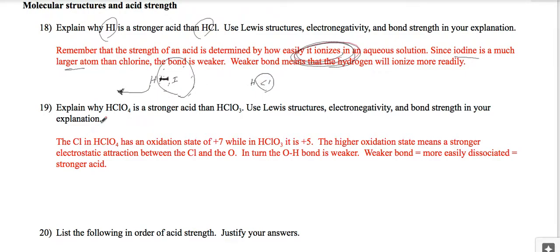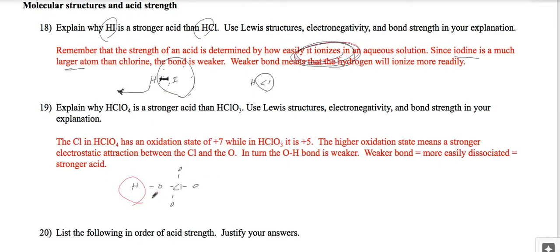All right, so now we can go on to the next part, which is on oxidation state. So if we look at these two different things, first of all, the Lewis structure is really important in this. So we have the chlorine, oxygen, oxygen, oxygen, oxygen, hydrogen. This hydrogen right here is the hydrogen that's going to ionize. That is where the hydrogen is when it ionizes, not bonded to the chlorine.